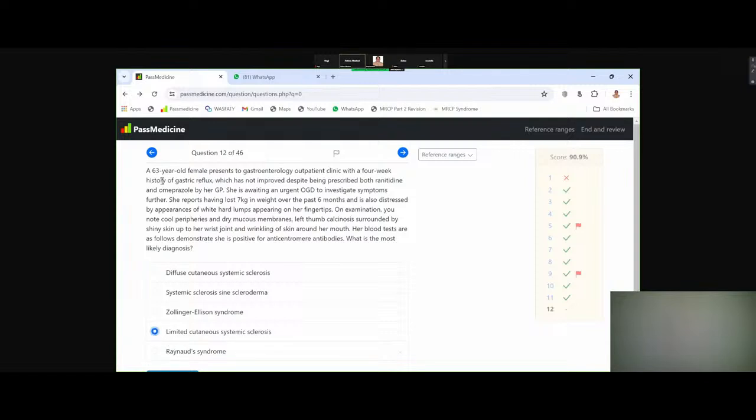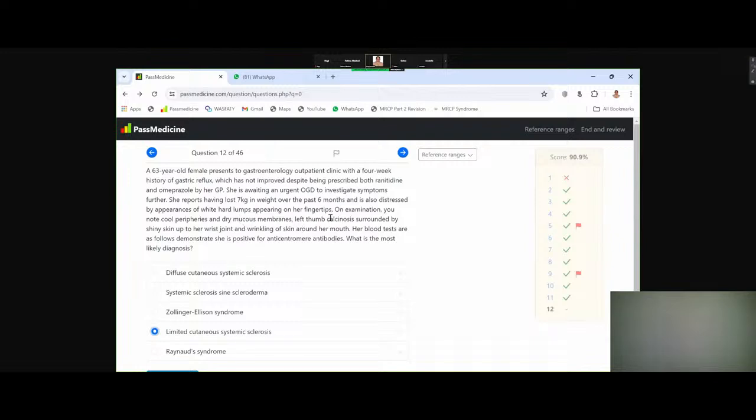Quickly we will go through the scenario. A female presents with a 4-week history of gastric reflux, which has not improved despite omeprazole, and she is waiting for an urgent OGD to investigate symptoms further, that is, esophago-gastro-duodenoscopy. She reports having lost 7 kg in weight over the last 6 months and is also distressed by the appearance of white hard lumps on her fingertips. So these finger changes are also there, maybe calcinosis.